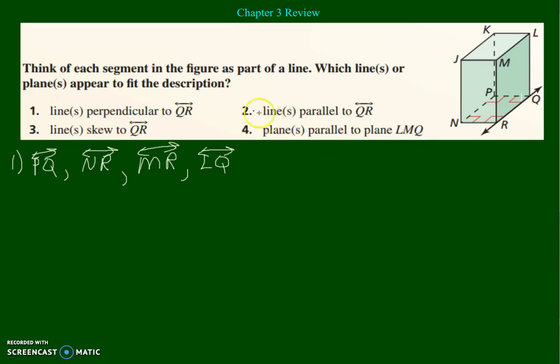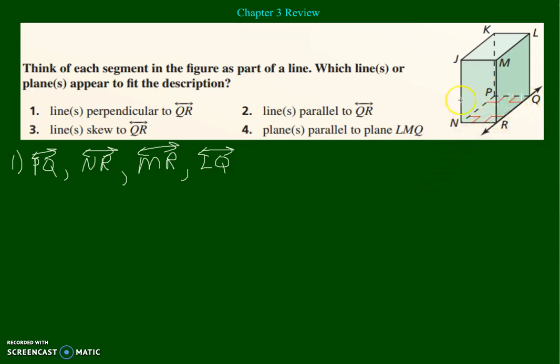So for number 2, it says lines parallel to QR. Well, here you have 2 lines. We're going to consider NR a transversal. And we have 2 right angles here. These 2 angles are consecutive interior angles, and they're both congruent because they're both right angles. Therefore, we know that this line is parallel to this.